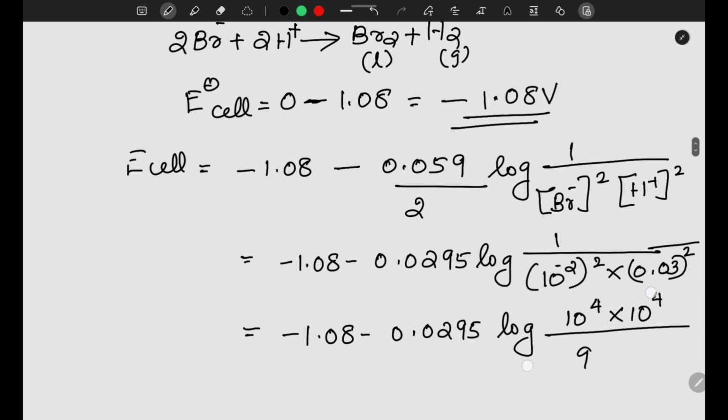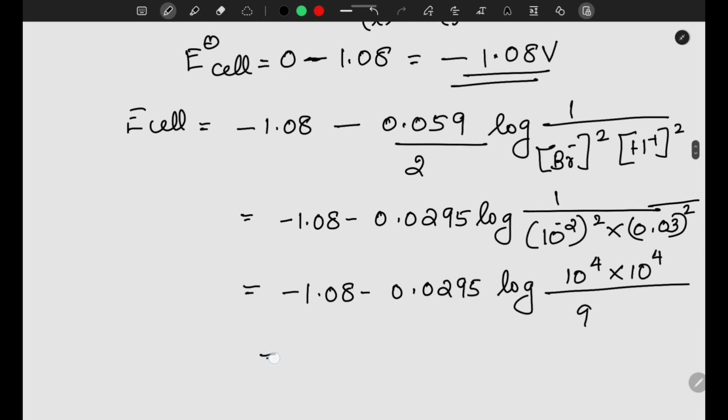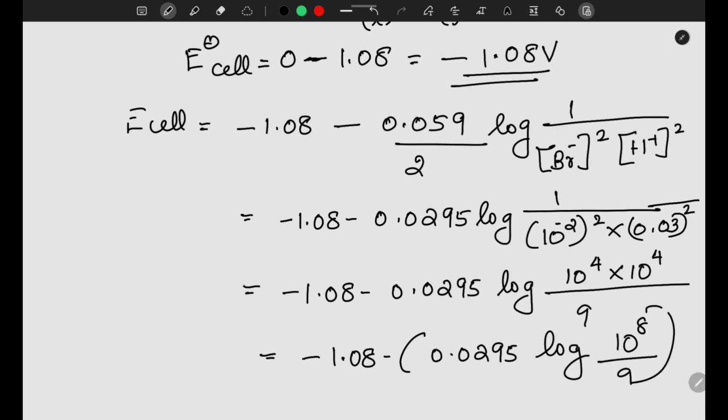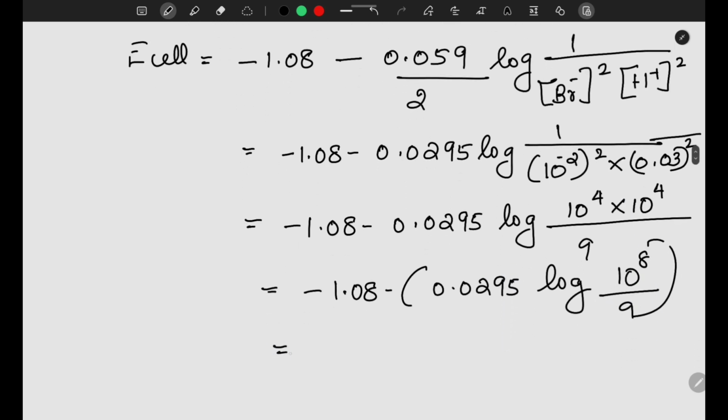So log 10 raised to 8 by 9, minus 1.08 minus 0.0295 log 10 raised to 8 by 9. So that is equal to, when we simplify, we will get minus 1.08 minus 0.0295 log 10 raised to 8 is 8, and log 9 we can subtract from that.